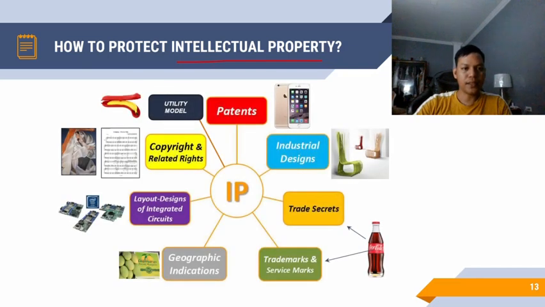Again, these are the different intellectual property: patent, industrial design, trade secrets, trademarks, service marks, geographic indications, layout designs of integrated circuits, copyright, and related rights. We can protect these at a national level, at a regional level, and even at an international level.